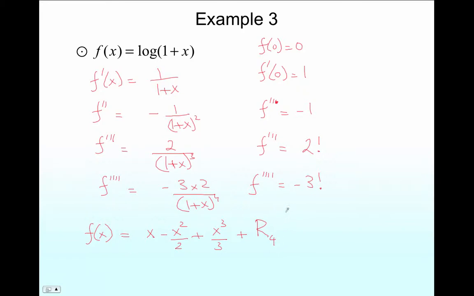So this is the remainder that includes terms of order x to the 4, 5, 6, etc. So the hope is that this, which is the third order Taylor polynomial, is going to be a good enough approximation to the logarithm of 1 plus x.